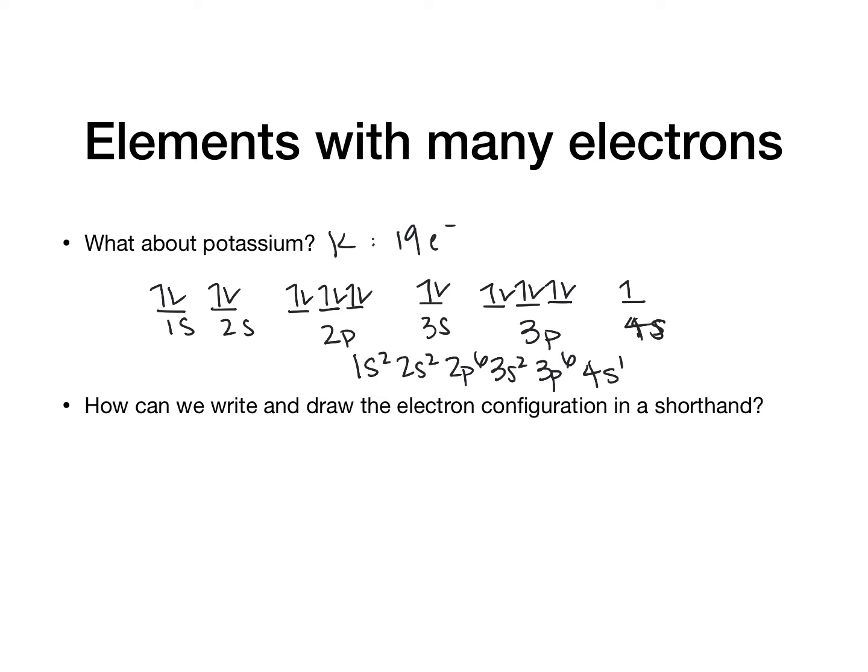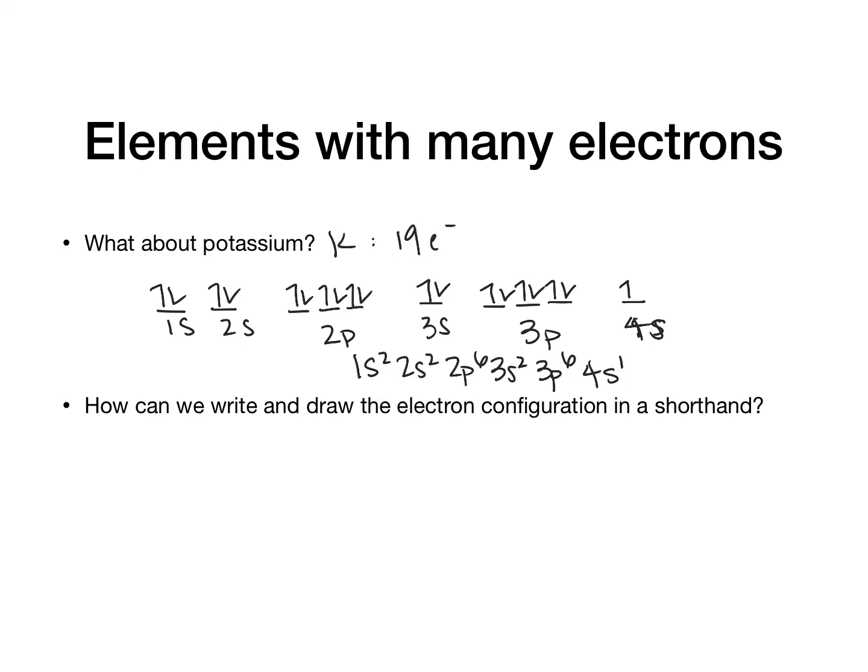Now, this is just element 19. What about if we were thinking about element 100 or 80 or something like a different type of element with a lot of electrons? We could be writing and drawing for a very long time. So the reality is there's a shorthand, and that shorthand is using the noble gas configuration.